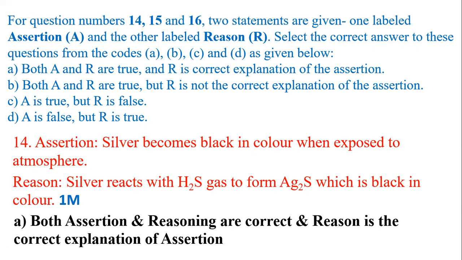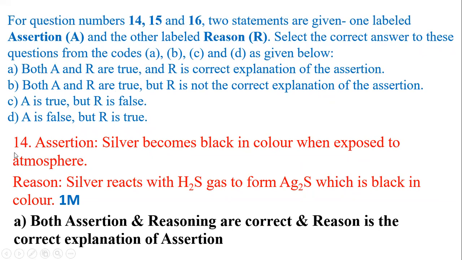Be careful with that. Before writing the answer, check the option properly, whether the option you are going to opt is suitable for the question which is given. Have a look at the questions one by one, 14, 15, and 16.